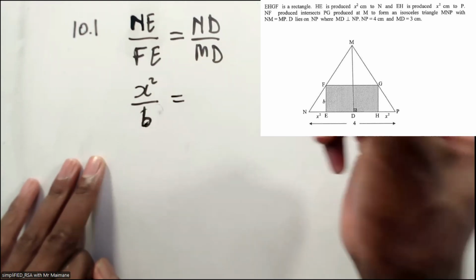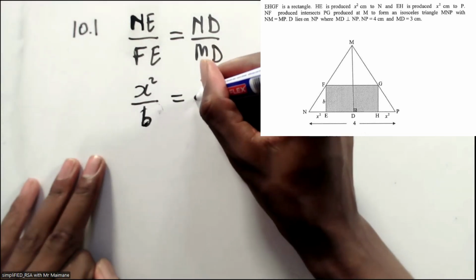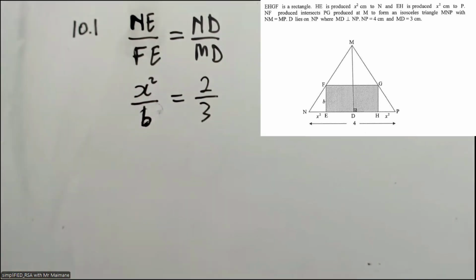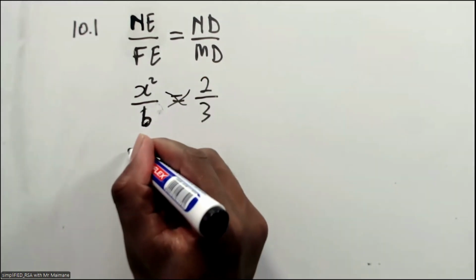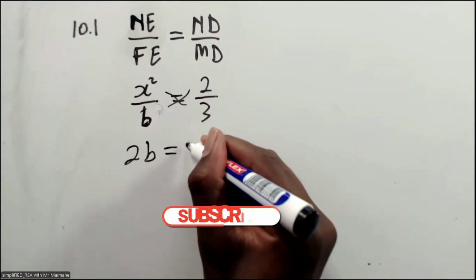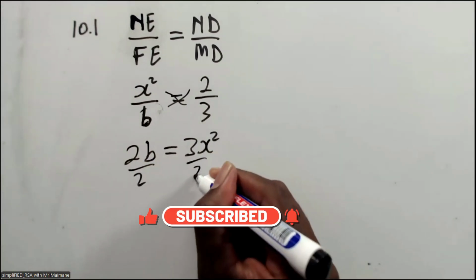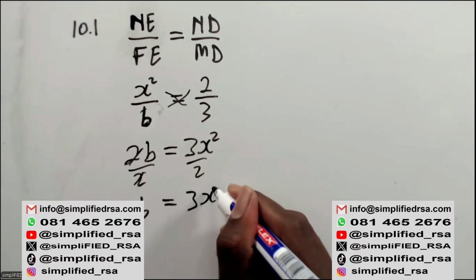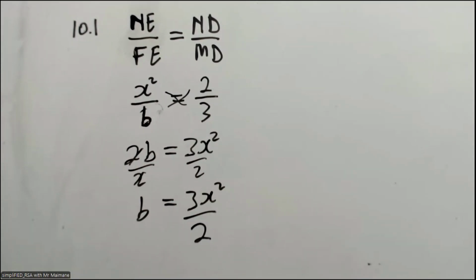This equals ND, which is 2, over MD, which is 3 centimeters as given. From here, I can express B. If I cross multiply, I have 2B equals 3x squared. Dividing by 2 both sides, B is equal to 3x squared over 2.